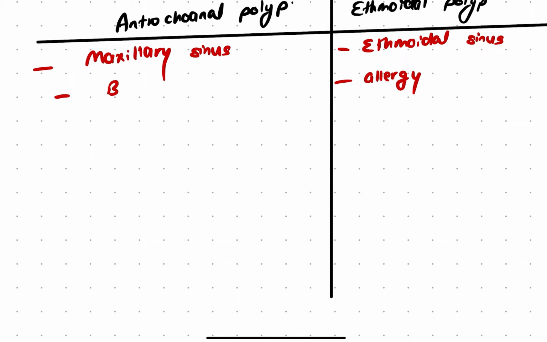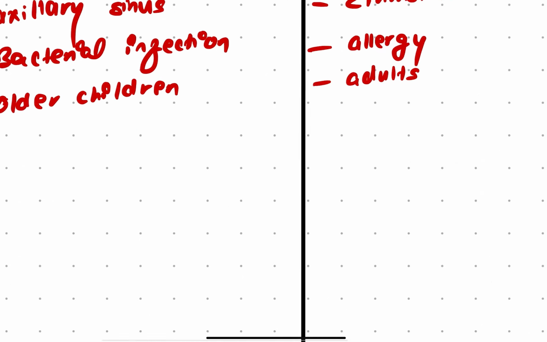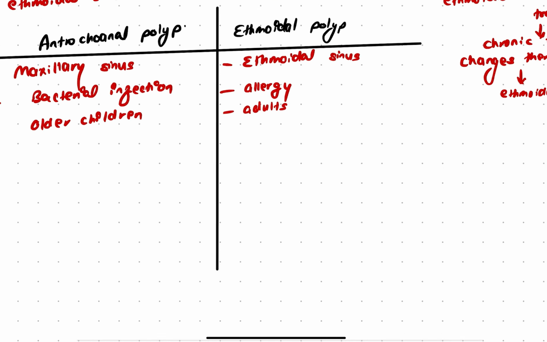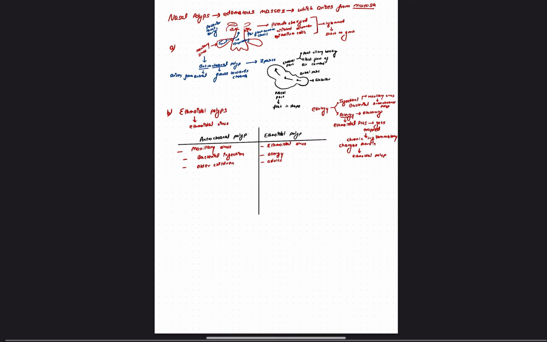The etiology is bacterial infection in antrochoanal polyp, and this infection is mostly seen in older children, while adults are highly susceptible to allergic rhinitis. As we know, there are multiple ethmoidal air cells.